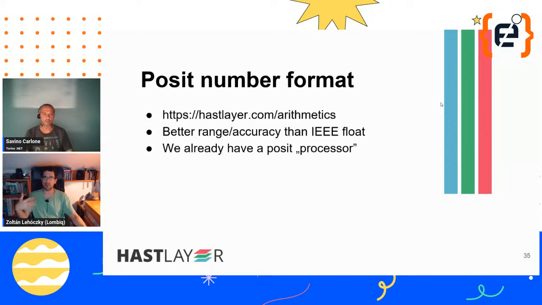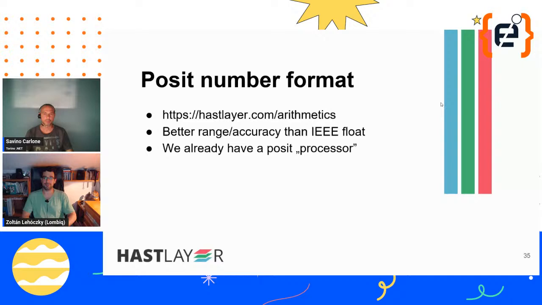Now, POSITs, the number type, wasn't invented by us, rather by a mathematician called Dr. John Gustafson. But what we created was a .NET library, pretty much a .NET struct called POSIT. And with that, you can use POSITs in your .NET software. Why you do that is because POSITs promise to have better range and better accuracy with fewer bits, smaller sizes than the standard IEEE floats that we have as double and float in .NET.